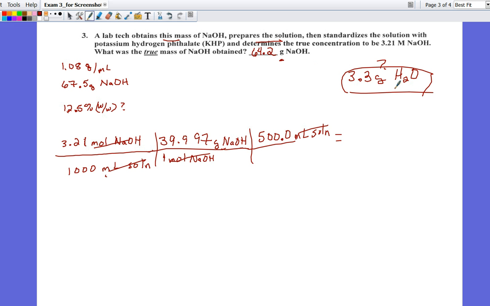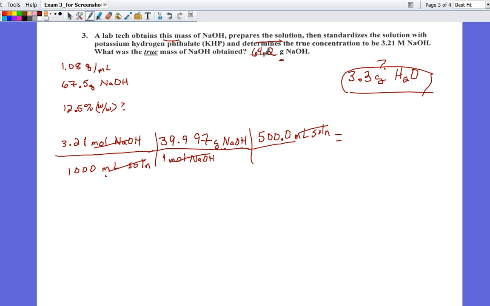They obviously will affect your volume too when you make molar solutions. That's why a lot of times molality is used, because it's not affected at all by volume. It's all about mass and moles. So your answer to this one would have been 64.2, as expected, less than what you thought you were going to have.